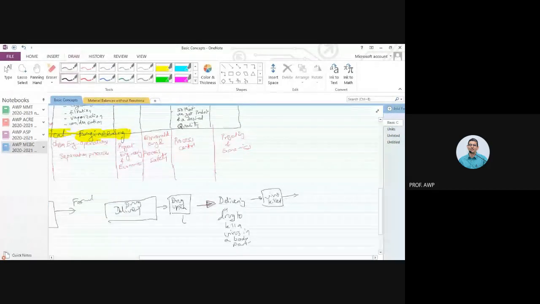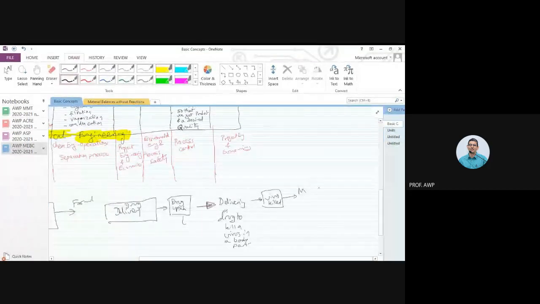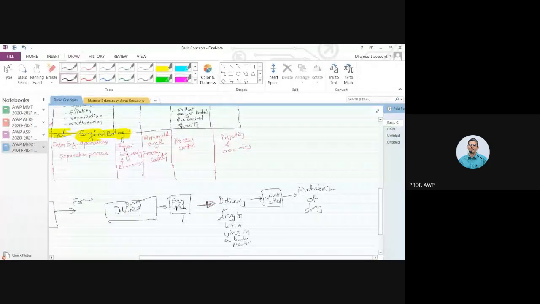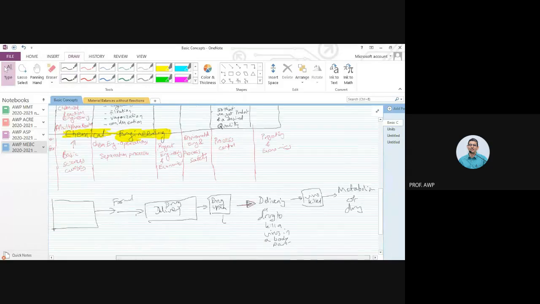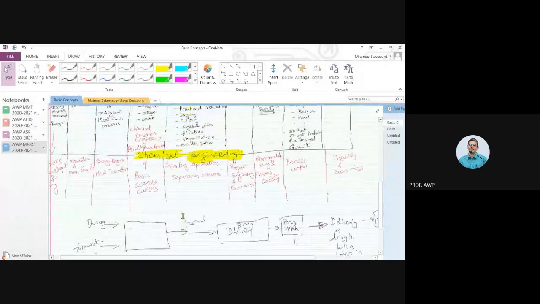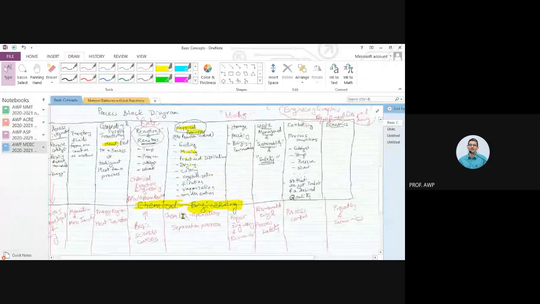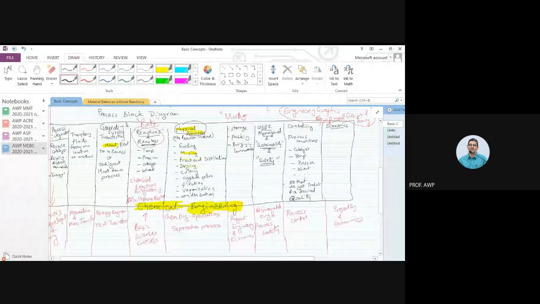Right? And you have metabolism of the drug. Right? So your process can be killing a virus in the body, right? But that process you can analyze based on all your principles of generating and transferring fluids from one location to another location.